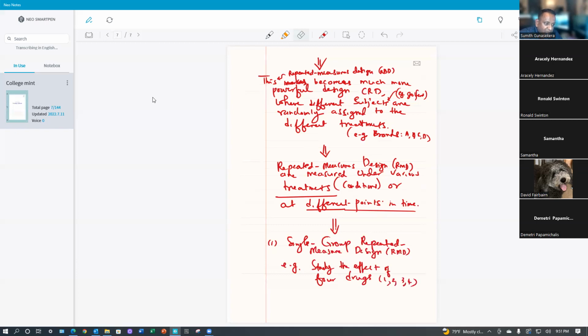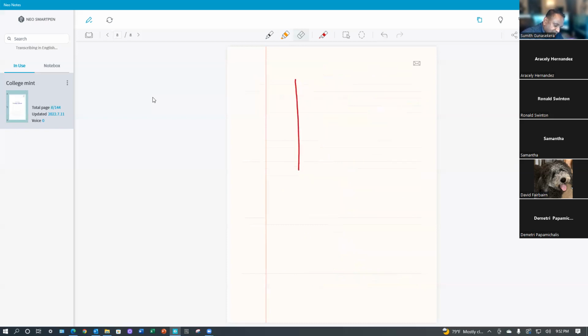You're going to study the effect of 4 drugs under this categorization in repeated measures, RMD, or the blocking design. You saw that earlier, but you can get a rough idea, and then I'm going to make it more formal. It's the same thing that you saw in the ABCD in that golf ball experiment.